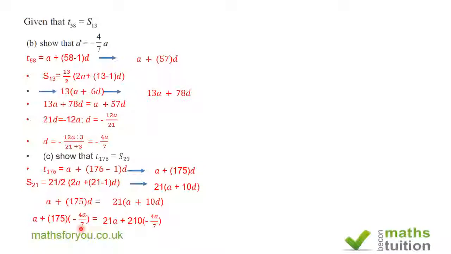So now if we divide 175 by 7, you get 25. And if you divide 210 by 7, you get 30. So now we have a plus 25 times minus 4a is equal to 21a plus 30 times minus 4a.